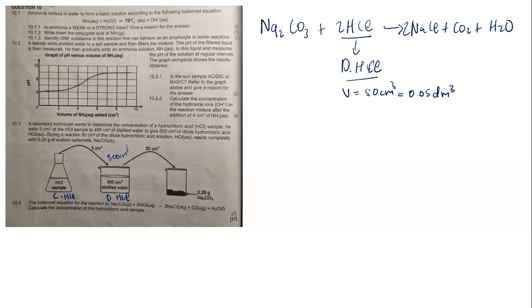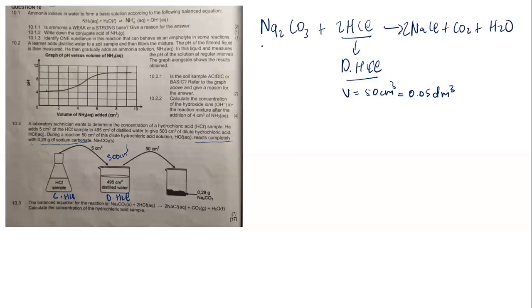Now, I want you to know that you are told, I love this, during a reaction, 50 cubic centimeter of this dilute hydrochloric acid solution, which is HCl, reacts completely with this 0.29 grams of sodium carbonate. So that means we have a limiting reagent because it reacts completely, all of it.